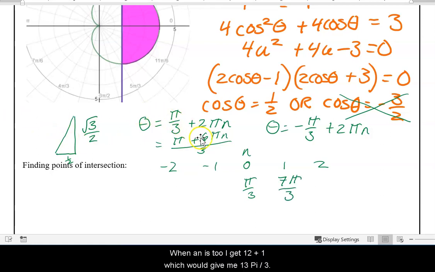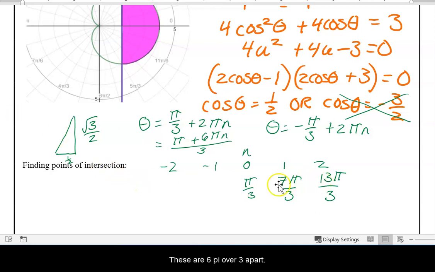When n is 2, I'd get 12 plus 1, which would give me 13 pi divided by 3. These are 6 pi over 3 apart. That means that this one should probably be -5 pi over 3. When n is -1, I get -6 plus 1, which is in fact -5 pi over 3.